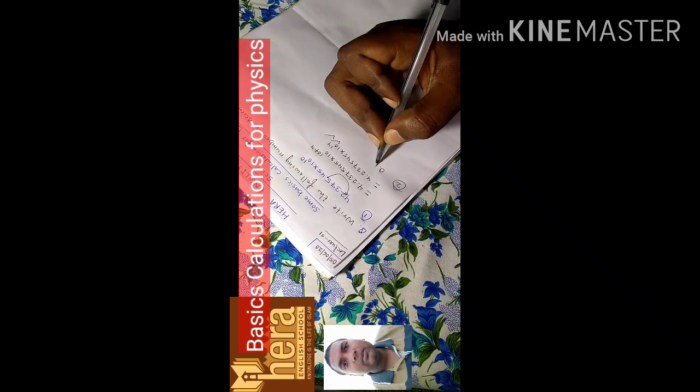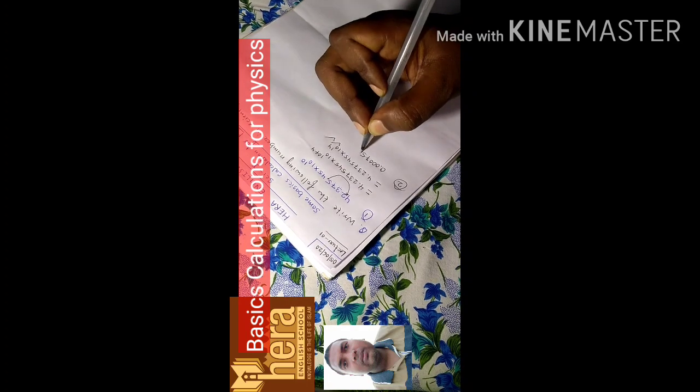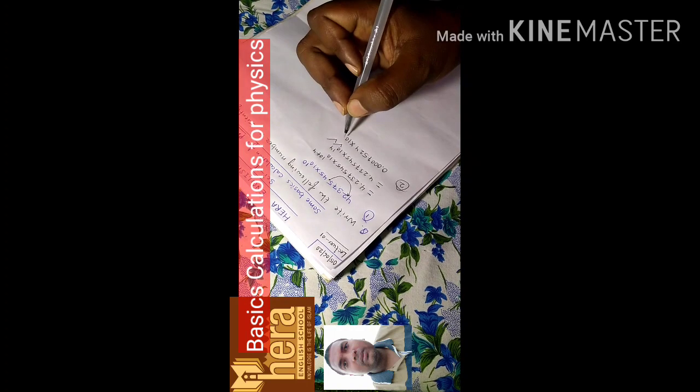Here I will take some more examples. Example number 2. I am taking a number 0.0007524 into 10 raised to 15. Here I have taken one number. What you have to do?